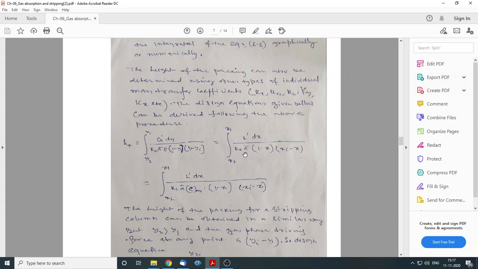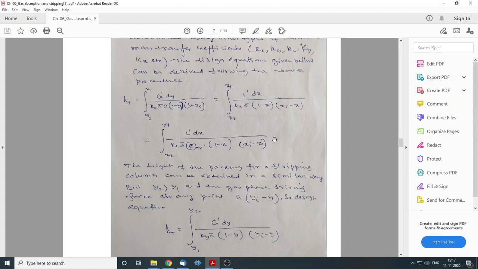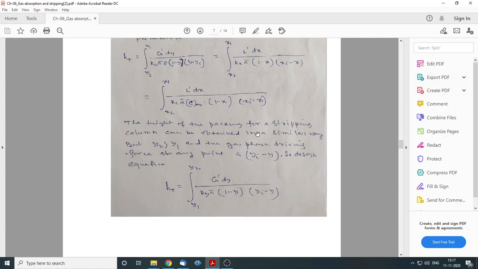If you had calculated in kx a, 1 minus x, this will be the same, xi minus x. And if you calculate with C average, then it will be kL a C average, 1 minus x into xi minus x, L dash dx, from x2 to x1. This will come out similar; we have already seen it.